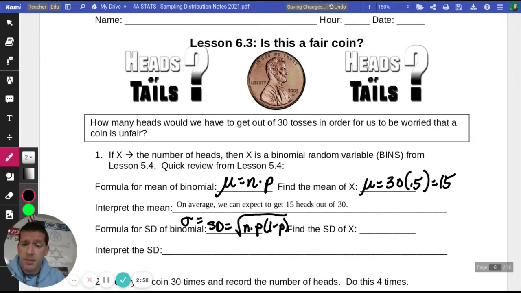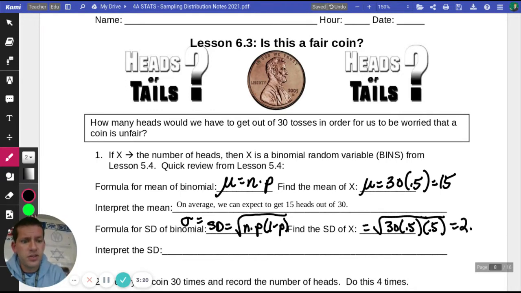So that same n and p, and now we're just introducing 1 minus p, which is the probability of not getting a head, so the probability of getting a tails. So this will be equal to the square root of 30 times 0.5 times 1 minus 0.5. Remember, 1 minus 0.5 is just going to be 0.5. And this will get us 2.74 when we type that into a calculator.